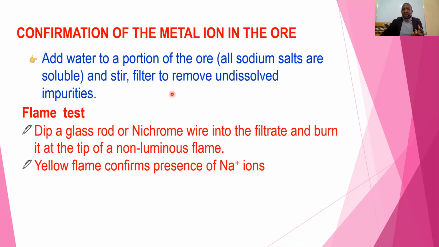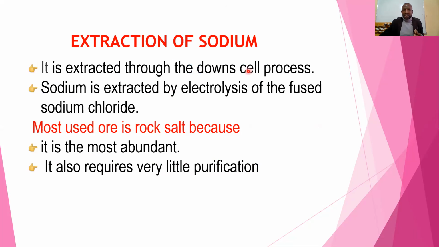We have named the ore and confirmed presence of sodium. Now we go to the next part, which is also tested mostly in the exam: the extraction of sodium. It is extracted through the Downs cell. The sodium is obtained by electrolysis of fused, or rather molten, sodium chloride.